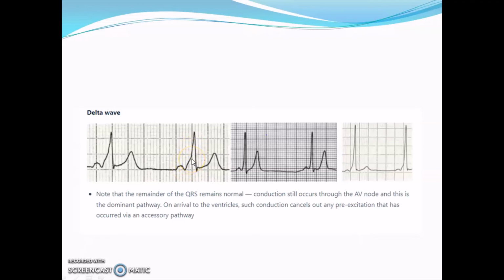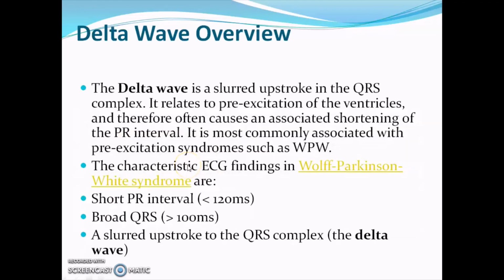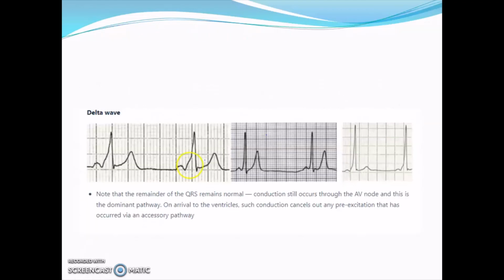This is called a delta wave, and the PR interval, from the start of the P wave to the start of the R wave, is also shortened due to the pre-excitation. So short PR interval, broad QRS. See, the QRS complex is broader, the PR interval is shortened, and there is a delta wave. So this indicates it is WPW syndrome.